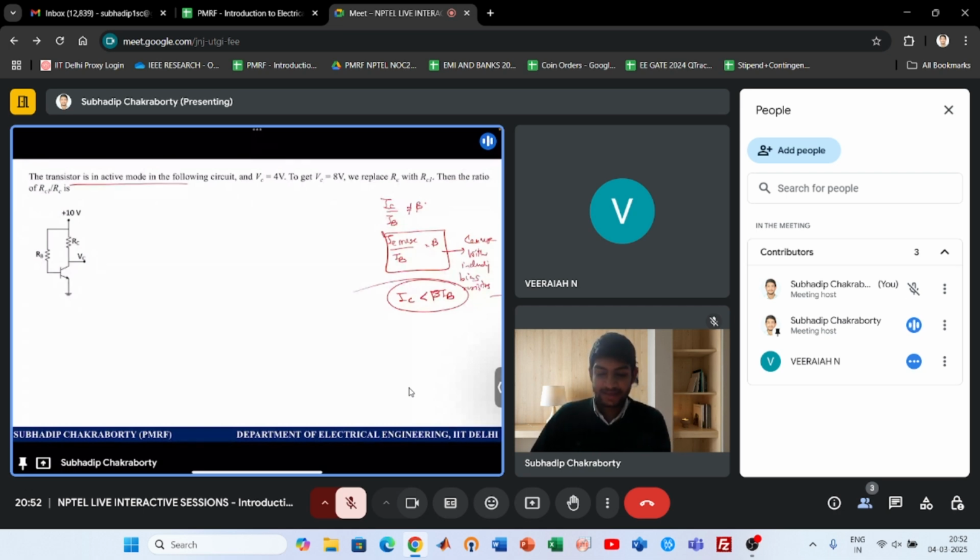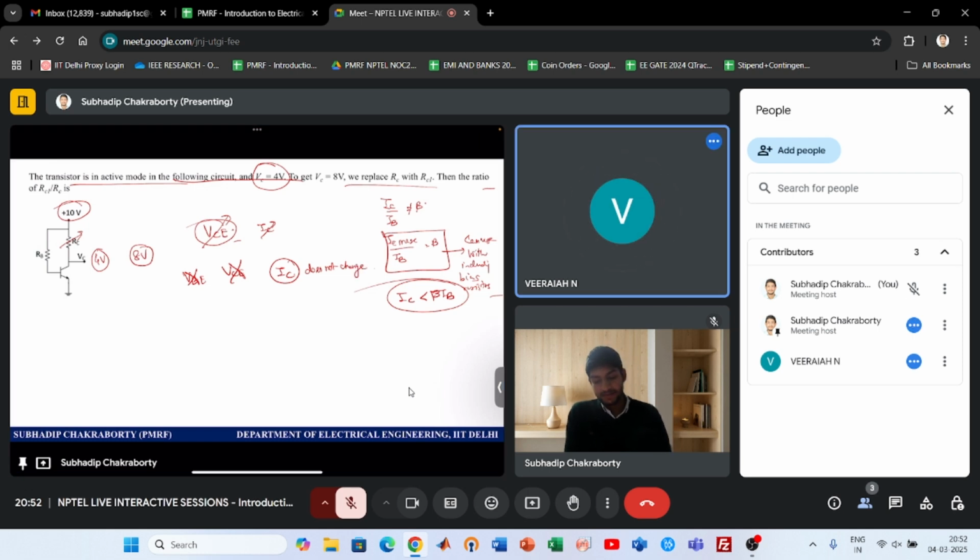Okay? So the transistor is in active mode and this is just the network where it was 4 volts initially and now it is 8 volts. Then you see what will be the variation in RC. Now I told you, seeing the VCE, if you only change this voltage, then IC will change. But if you don't change VBE or VCE, can IC change?